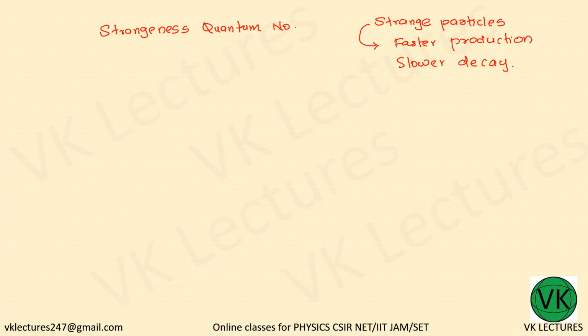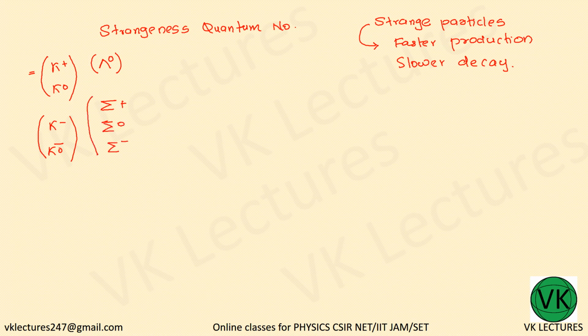Examples of strange particles are K plus and K naught. This is one group. Lambda naught is also an example of a strange particle. K minus and K naught bar are the antiparticles of the first group. And sigma plus, sigma naught and sigma minus are also strange particles. We will discuss the strangeness of these particles very soon.